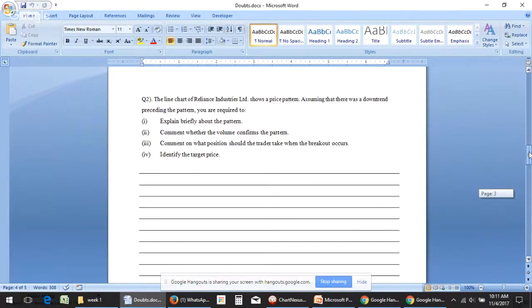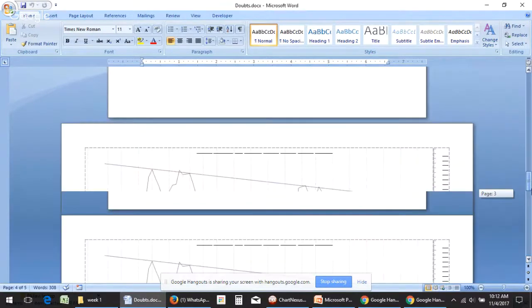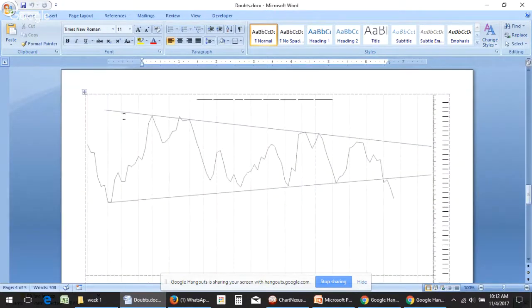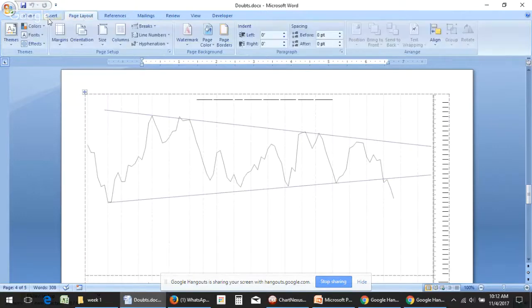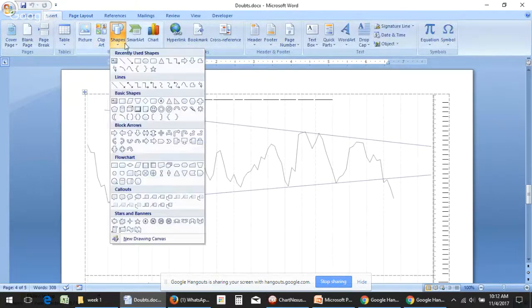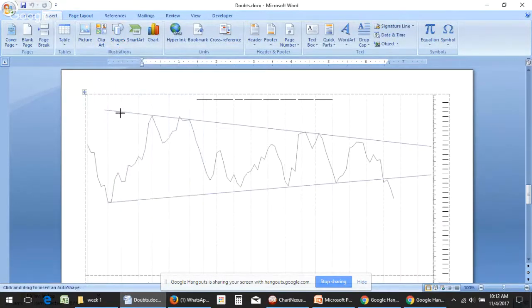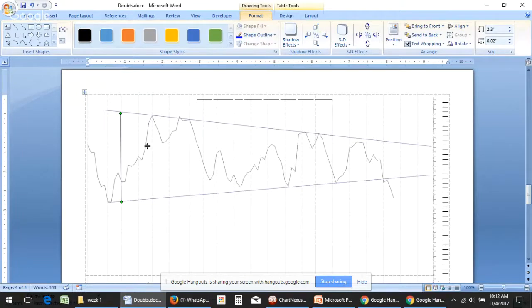And then you can identify the price target. In this case, usually what you'll do is, let me see if I can draw here. Shapes, line. Okay. What you can do is measure the height of this triangle at the base here.